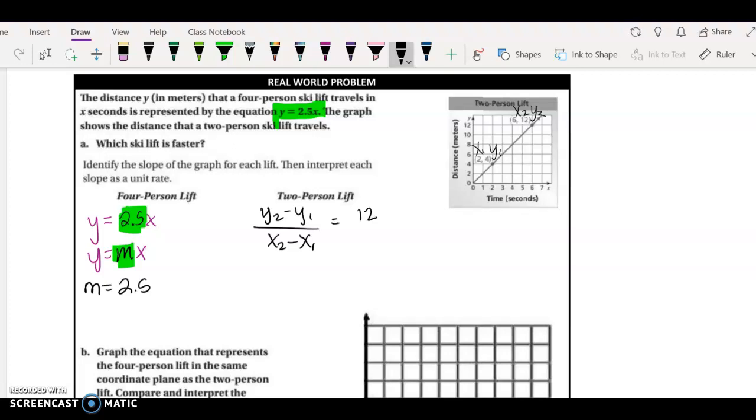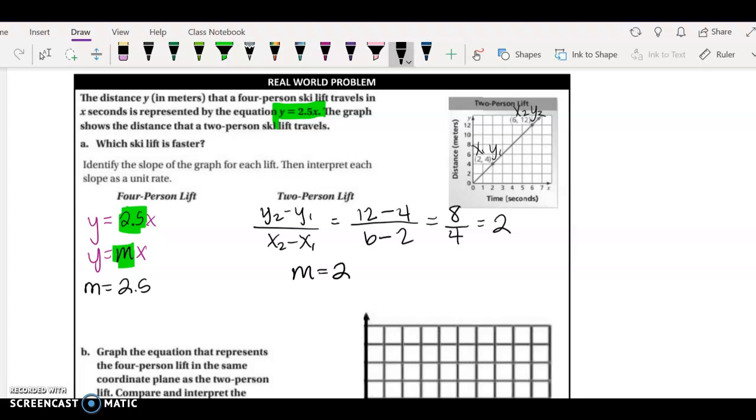I have 12 minus 4 over 6, which is my x2, minus my x1, which is 2. So 12 minus 4 is 8 over 6 minus 2, which is 4. And this equals 2. So my slope for the two-person ski lift is 2.